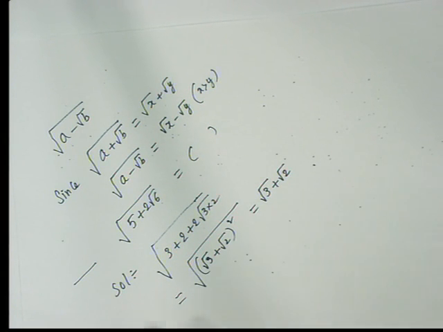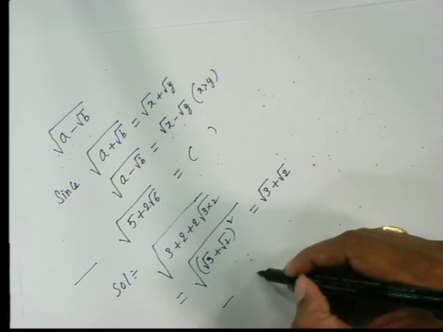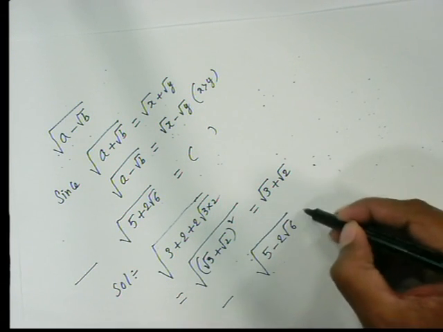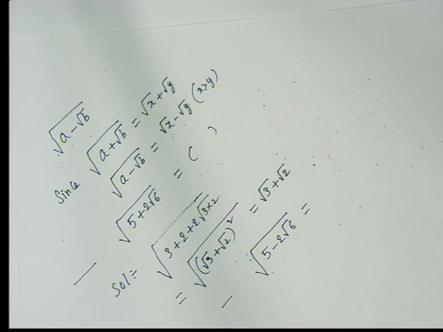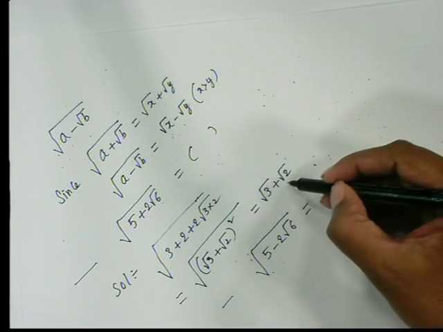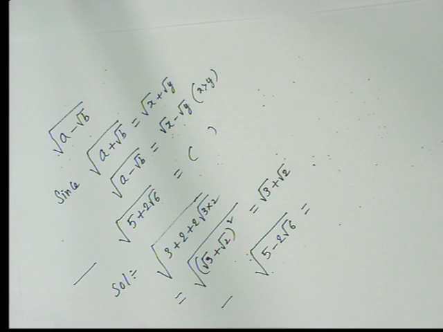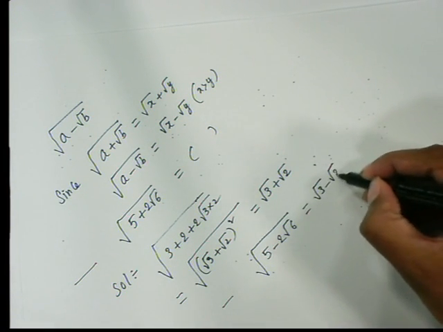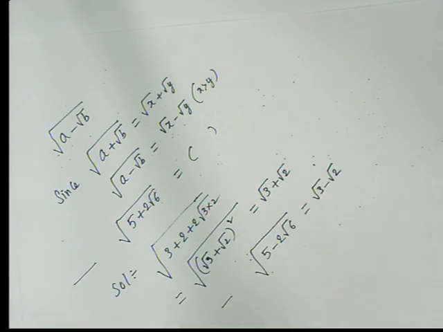Now, if you want to find out the square root of 5 minus 2 root 6, what is it? Conjugate of root 3 plus root 2, that is root 3 minus root 2. So, based on this one actually, so many problems may be given in the examination.